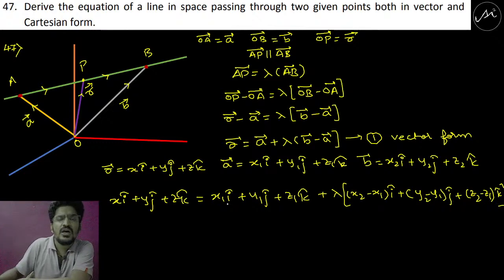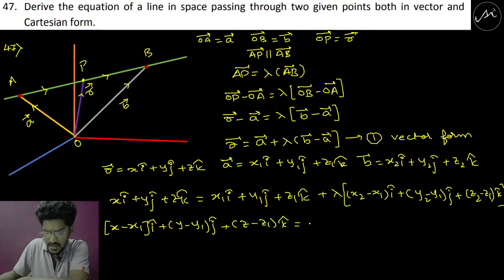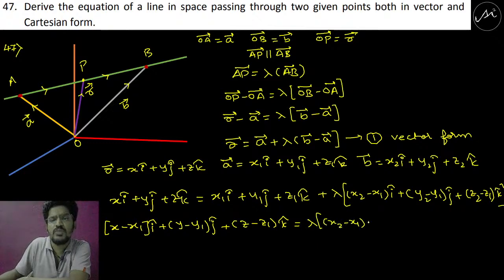Okay. Now from this, first you take x1 y1 z1 to LHS, so that will become x minus x1 i cap plus y minus y1 j cap plus z minus z1 k cap. So that will be equal to, clearly you can see, lambda times of x2 minus x1 i cap plus y2 minus y1 j cap plus z2 minus z1 k cap.